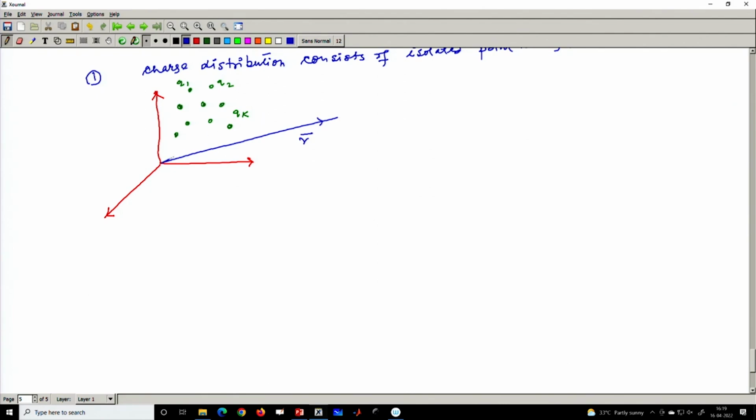So, for Qk I can have this is R vector k, and this quantity is R minus Rk. So, I can simply use the superposition principle, because phi at this point P at point R is simply the superposition of all the phi's that we have for different charges. Say k goes from 1 to n, if there are n charges.